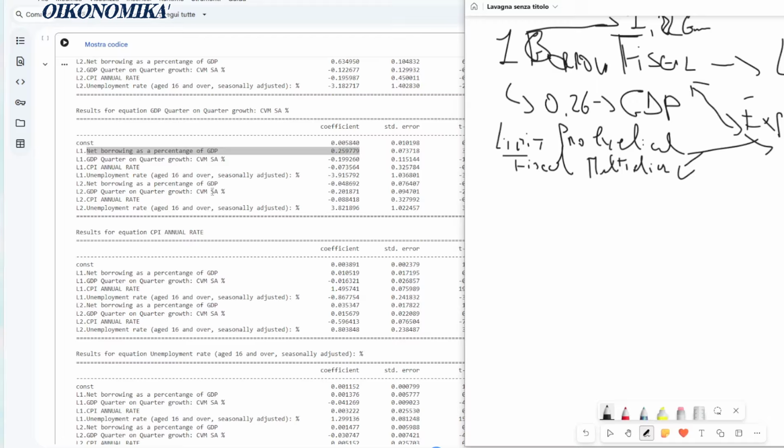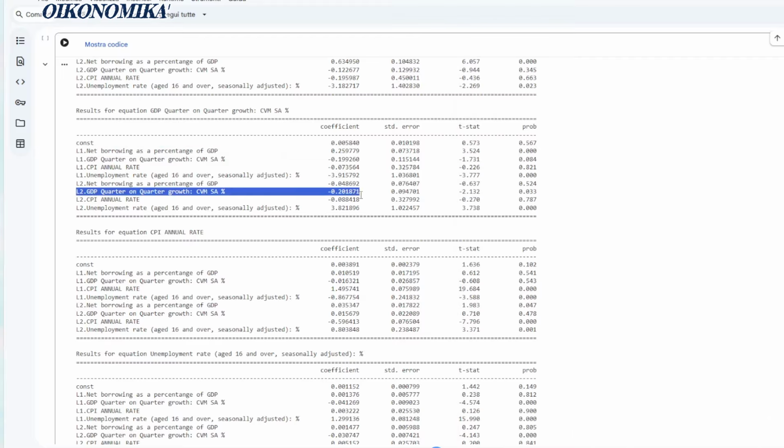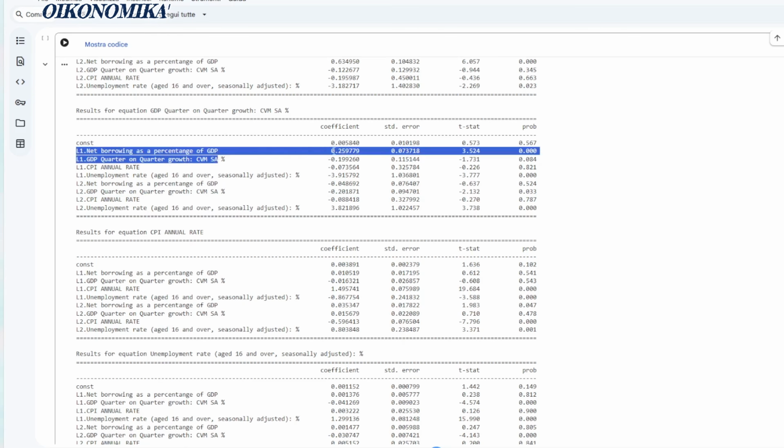Let's say 6 months ago you have negative GDP growth. The government has a proactive fiscal policy. They start to do some spending. Obviously, from one quarter to another, you don't see the numbers moving immediately. You can do some tricks, like the government can consume a lot. They can spend a lot, buy a lot of goods and services, or they can post some capital expenditure, and then borrowing goes up by 1 unit and GDP goes up by 0.26.